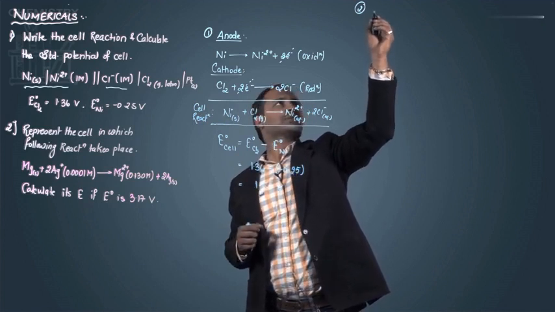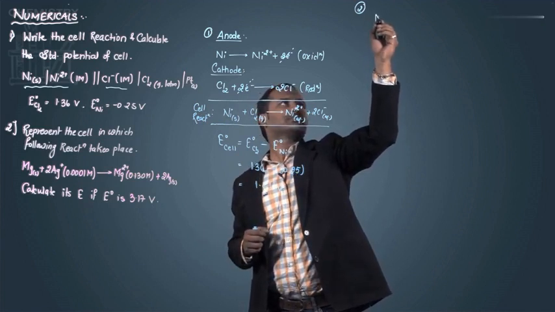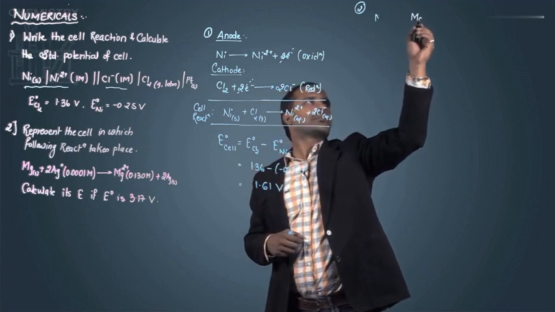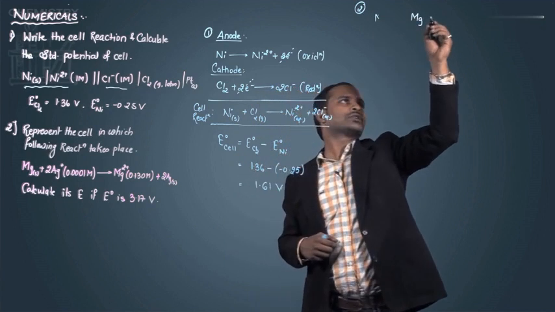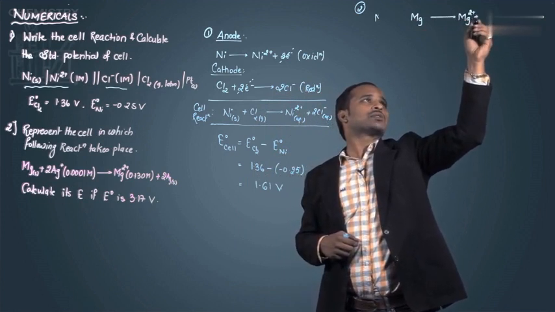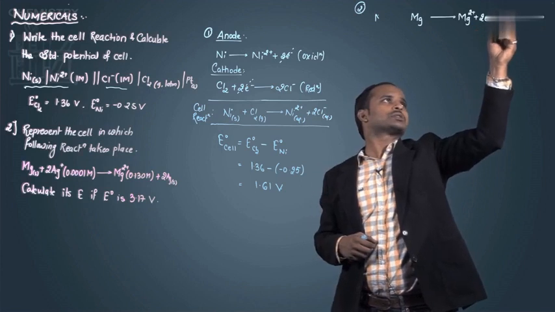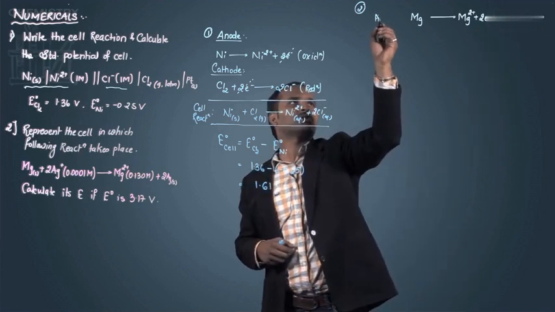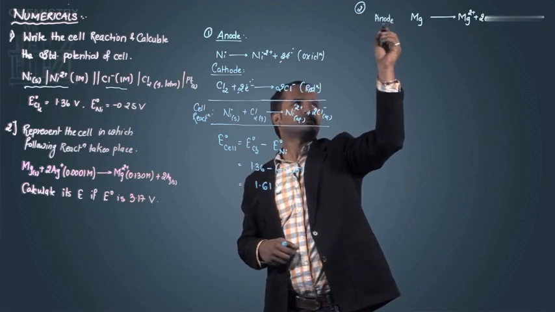First we have magnesium. After the reaction it gets converted into Mg2 plus. There is a loss of electrons, that means oxidation, and since it is oxidation, the reaction takes place on the anode.